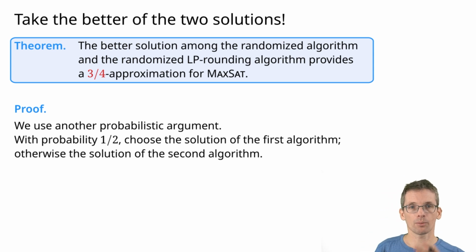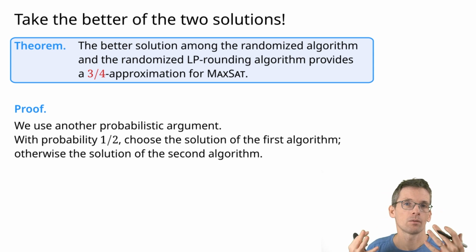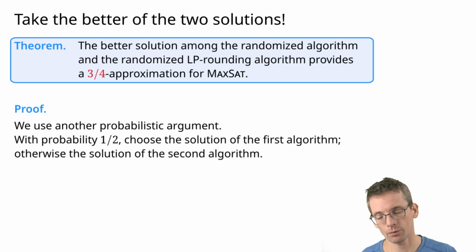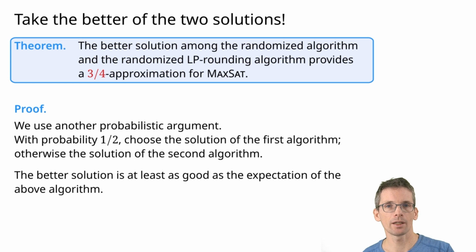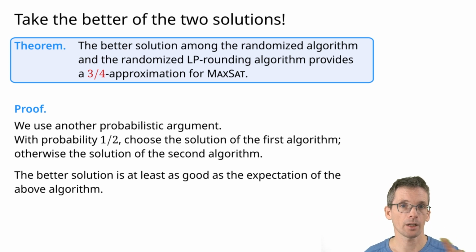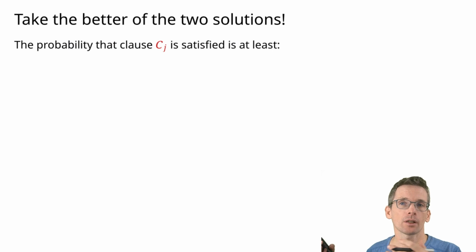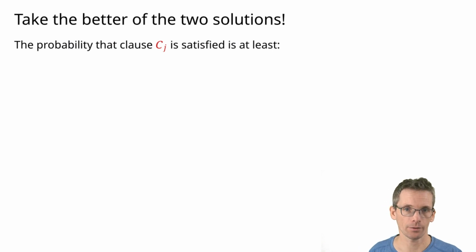So if I can prove the theorem for this weaker algorithm, then it holds also for the actual algorithm. Yeah, so the better solution is at least as good as what we get from this approach by taking each of them with probability 1/2. For this randomized setting, we're now going to analyze the probability that a clause is satisfied. And this depends on which of the algorithms we picked.